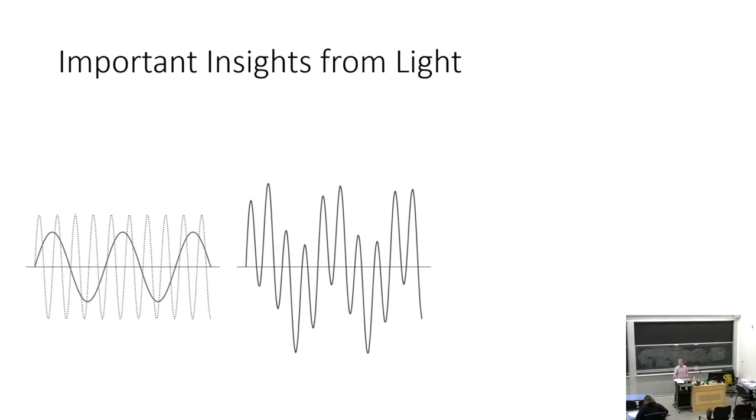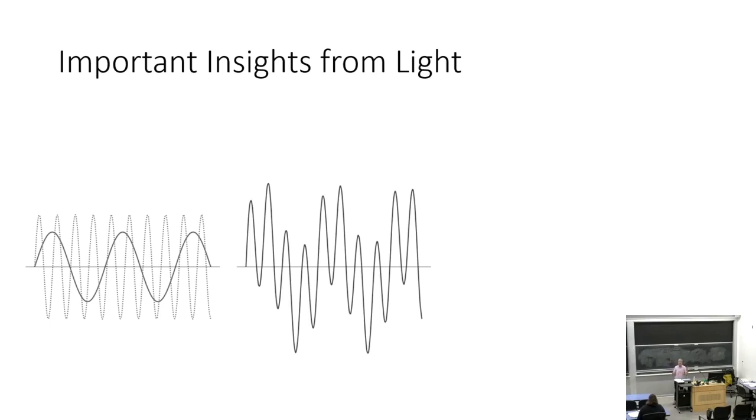All right, so when we're thinking about coherence, it's often useful to come back to light as a great qubit, and also just a great example to start our discussion. So we know that light has both wave-like and particle-like characteristics.